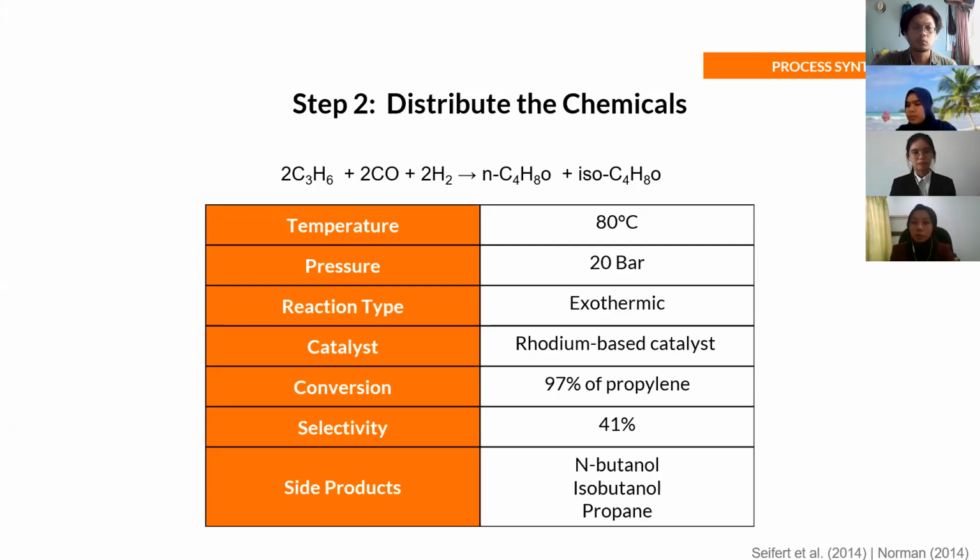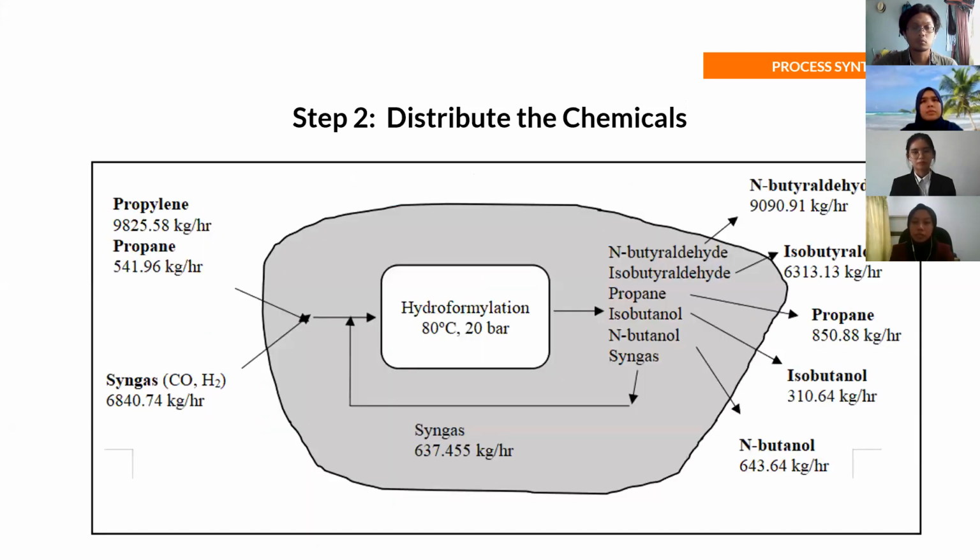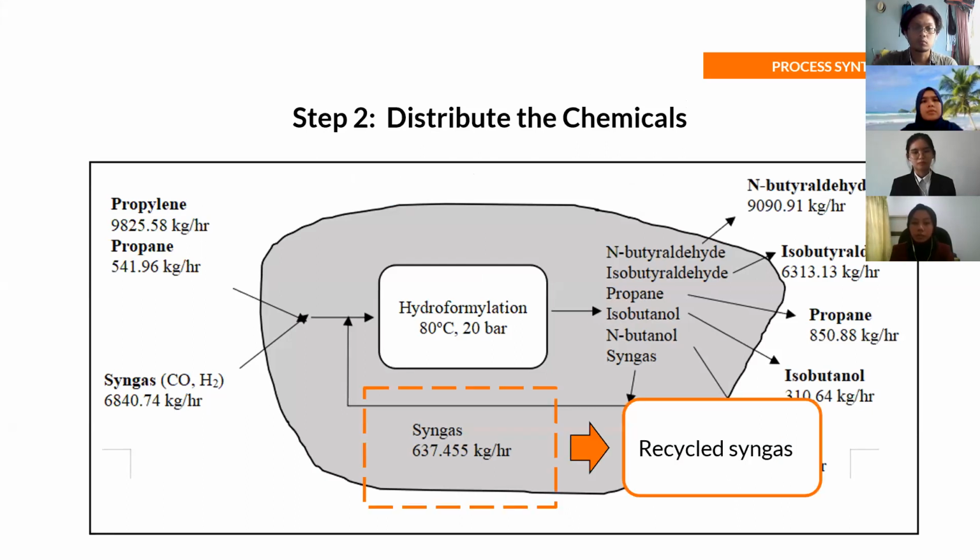There are 3 side products for this reaction, which are N-butanol, isobutanol, and propane. So here is the overall mass balance of our reactions. As you can see here, we are recycling back the unreacted syngas to the reactor.